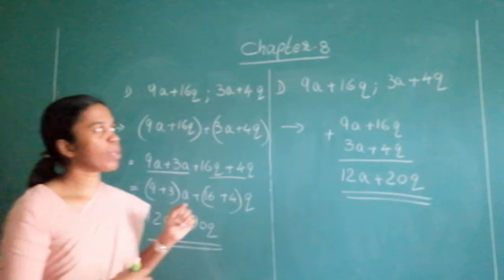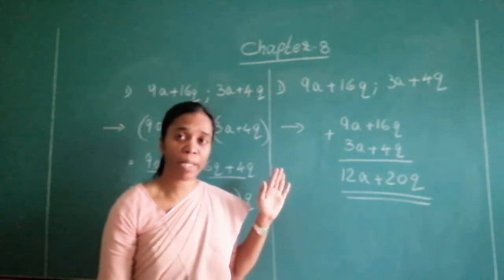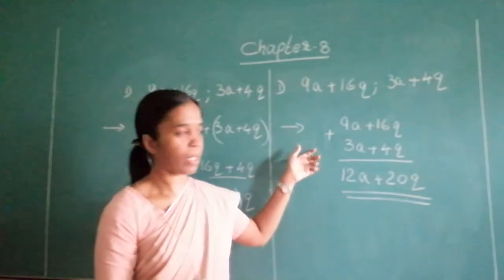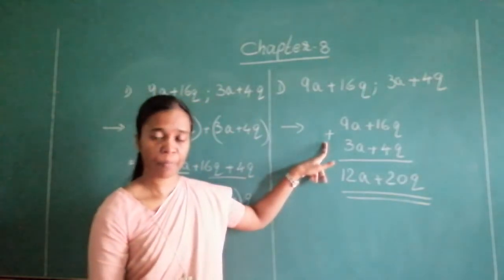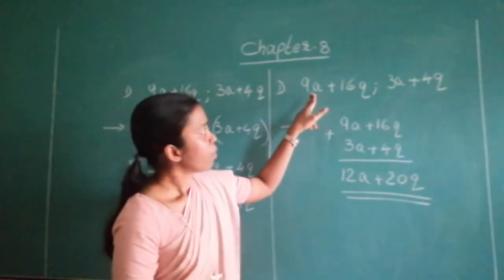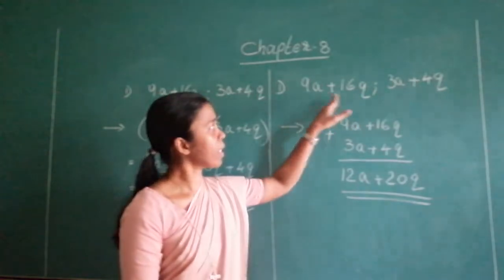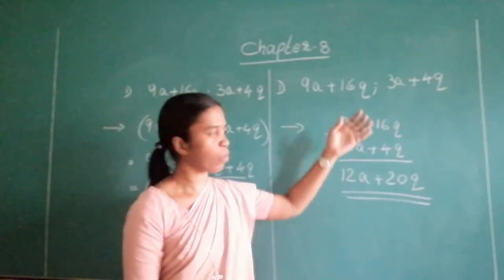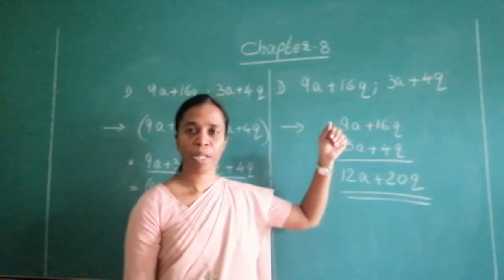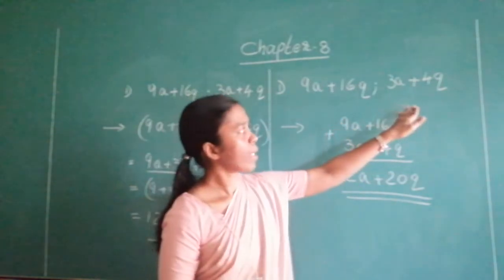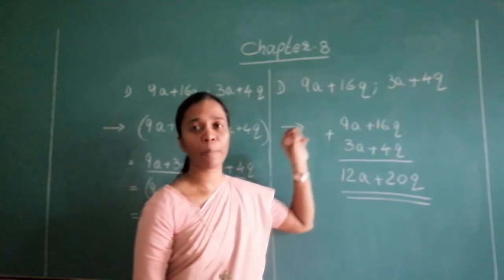Now how do we do it in the vertical manner? In the vertical manner, we put the sign of addition, and then the first binomial is 9a plus 16q. Write that 9a plus 16q. And when you write the second binomial, put the like terms one below the other.